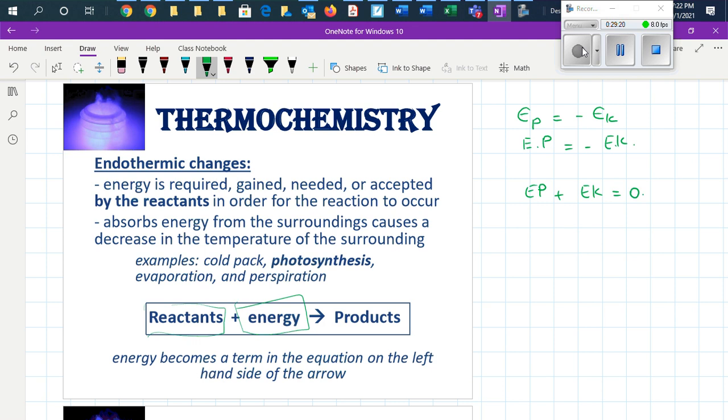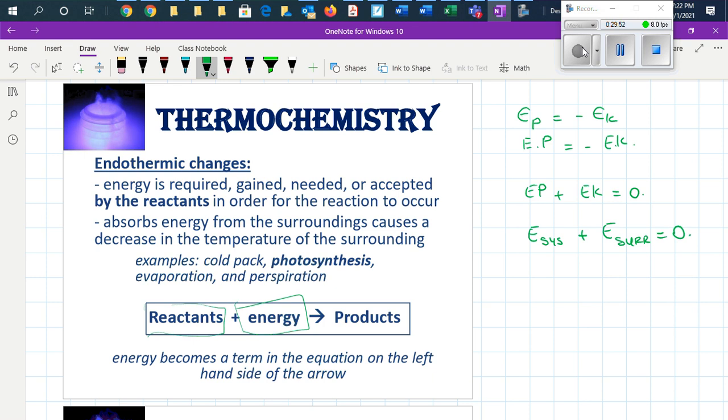How do we translate this into thermochemistry? EP is the potential energy stored in the system. So that means that the energy of the chemical system plus the energy of the surroundings, because kinetic energy is related to the temperature of the surroundings, is equal to 0.